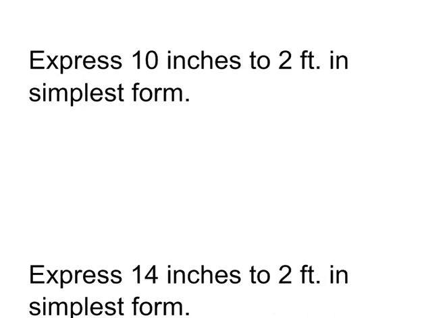Express 10 inches to 2 feet in simplest form. 10 inches to 2 feet. Well, I can't compare across different units here, so I need to change this 2 feet into inches. To do that, I'm going to say in 1 foot, there is 12 inches.